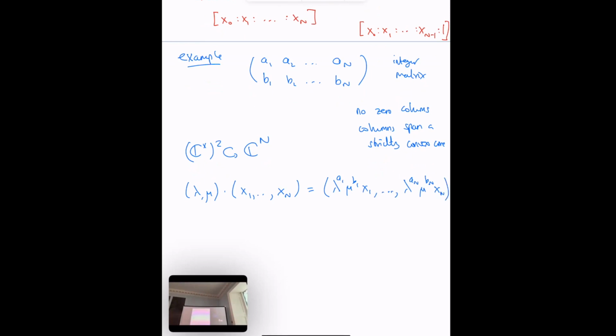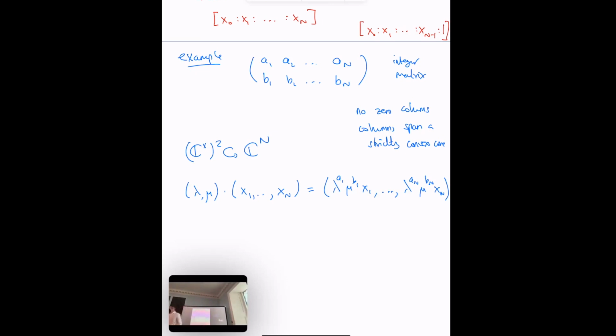So do you see that I've got C to the n, and now I've got this action of C star squared. Most of the orbits are going to be two-dimensional because most of them are going to be copies of C star squared. The origin is kind of weird because it just stays where it is. It's just a zero-dimensional orbit.